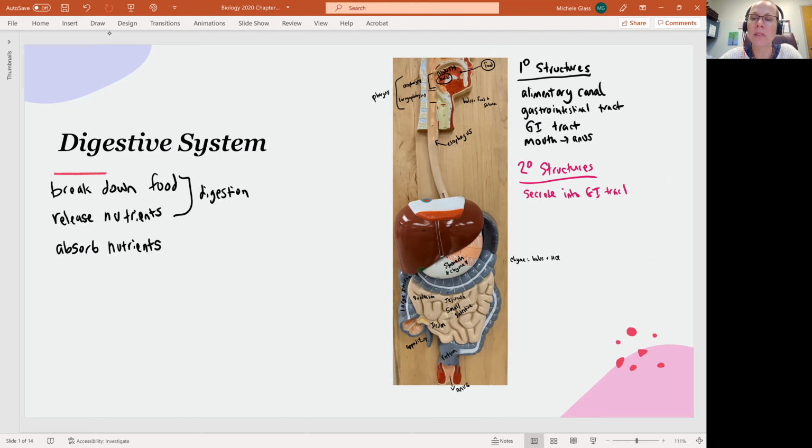And we'll see a lot of times these secretions are important digestive enzymes, or we'll see important buffers, because we are going to see some regulation of pH happening inside of the tract. And these include salivary glands. This includes the liver. This includes the gallbladder. And this includes the pancreas. So we've talked about each one of these in more detail.